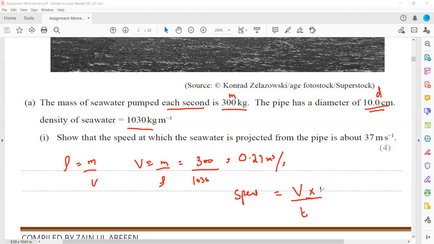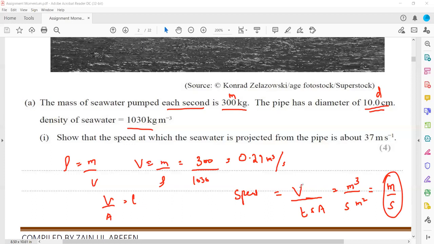And we divide it by area, not multiply it. Because volume is in meter cube, time is in second, and area is meter square, when we simplify this equation, our final answer will be meter per second. So basically we get the speed. So volume divided by area will give us the length, and length divided by time will give us the speed.